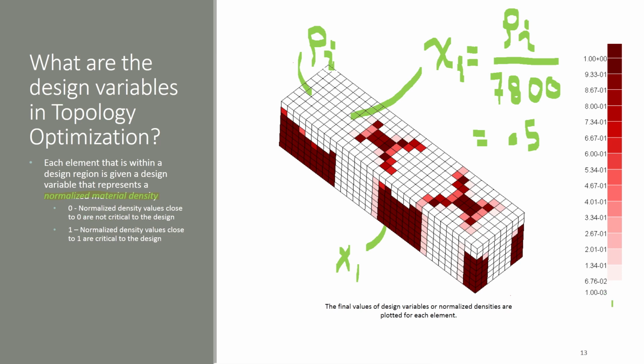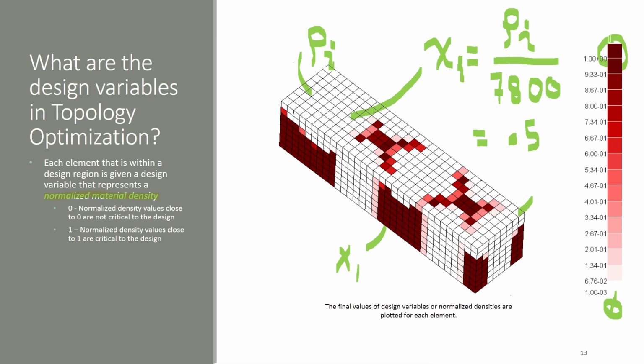Densities that are close to zero, so here if you look on the spectrum, close to zero, is almost as if that element is not participating at all in the topology solution. So here you can see every element that is in white has a density close to zero. So in essence, this element can be discarded, it can be disregarded from the final topology solution.